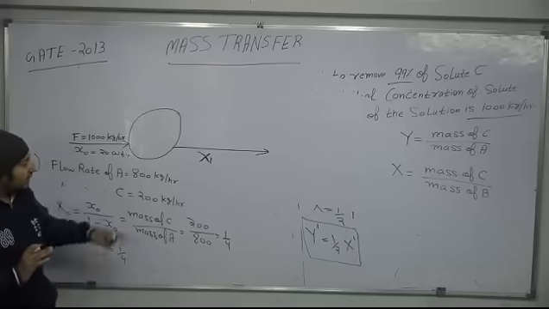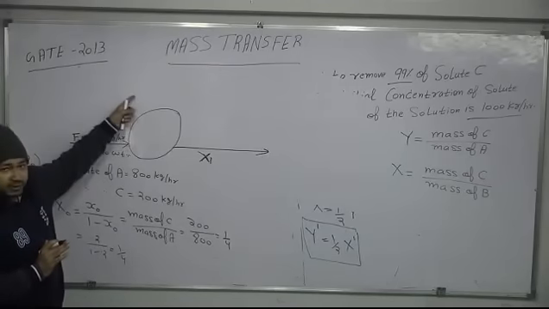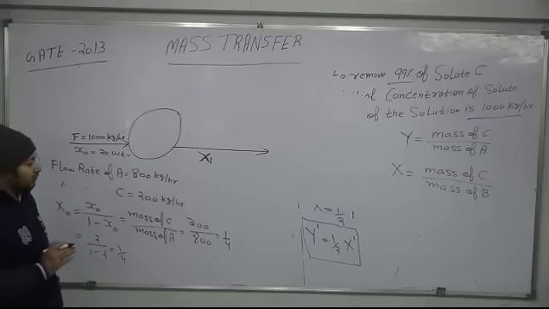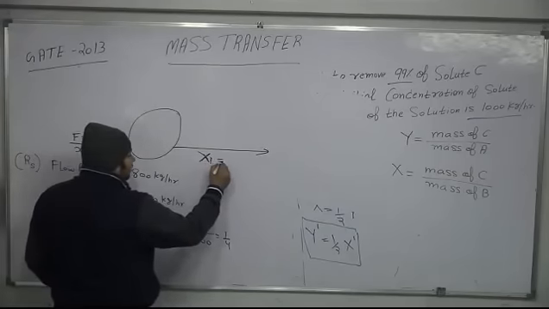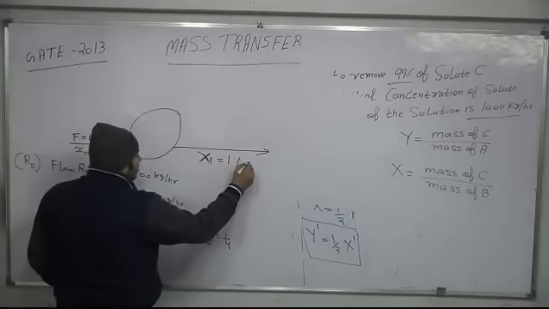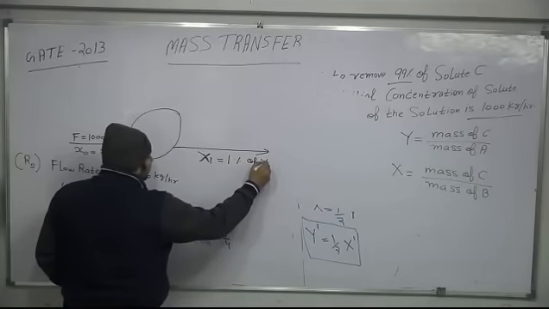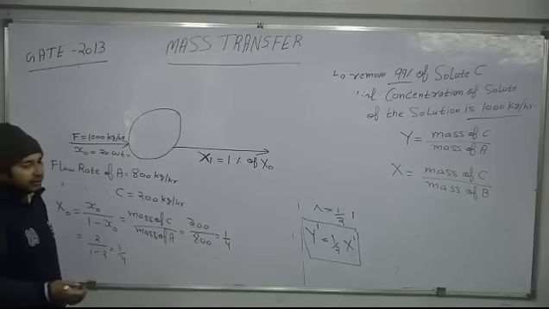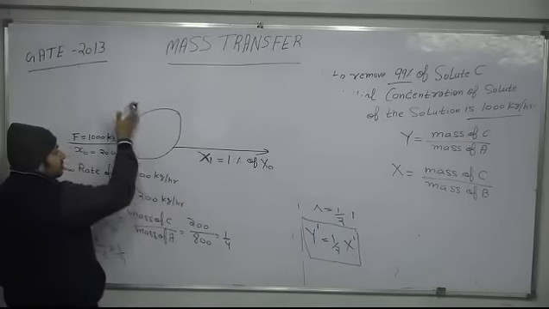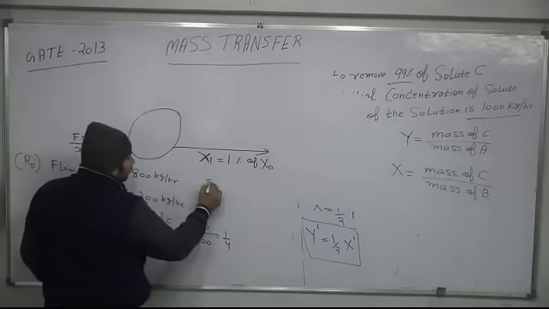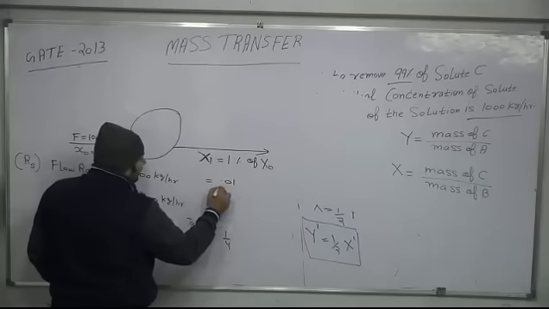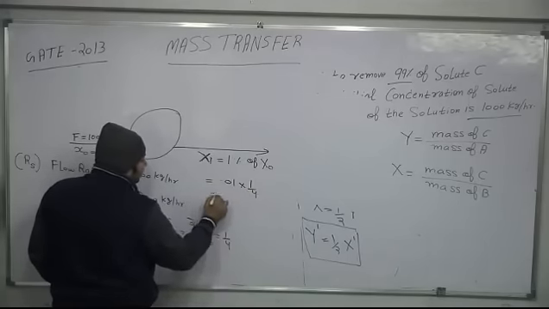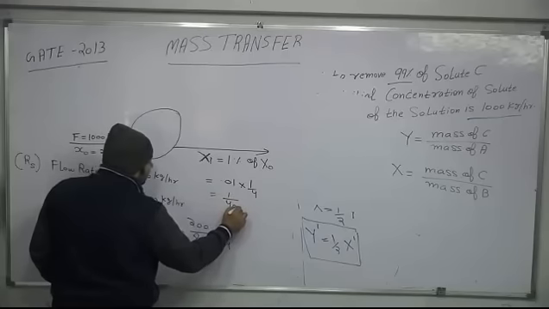So if 99% of the solute is recovered, that means 1% will be left in the exit stream. I can calculate that with the help of X naught: X1 is 1% of X naught. 99% goes to the other side. So 0.01 of X naught, which is 1 by 4, means it is 1 by 400.